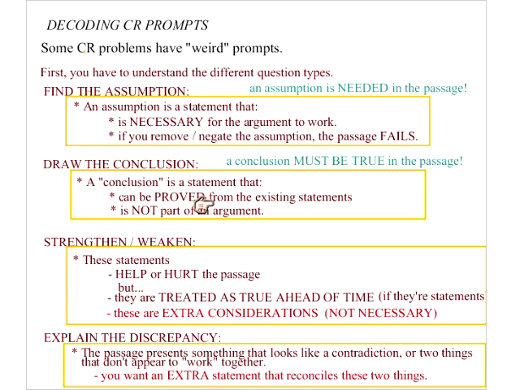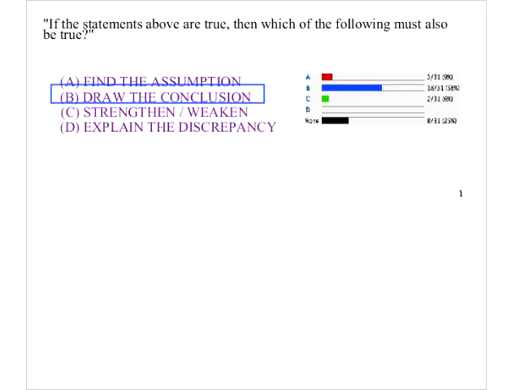That's exactly what's going on in this example. You're looking for something that must also be true, which means you're trying to prove the statement from the existing statements. If the statements above are true, that means from the existing statements.